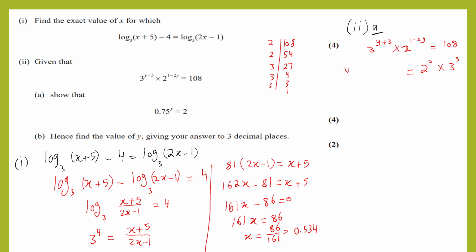And here we have 3 to the power of y plus 3 multiplied by 2 to the power of 1 minus 2y. So here what we can do is keep the y's on one side, or we can keep them all together on one side.